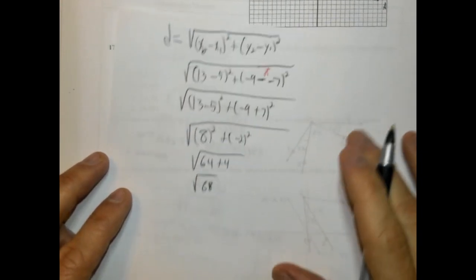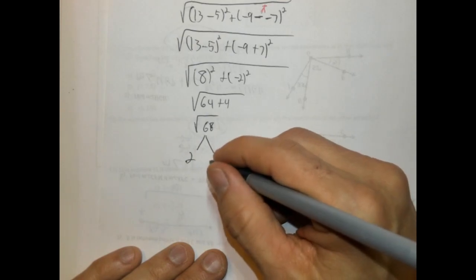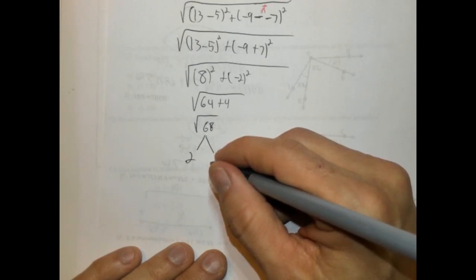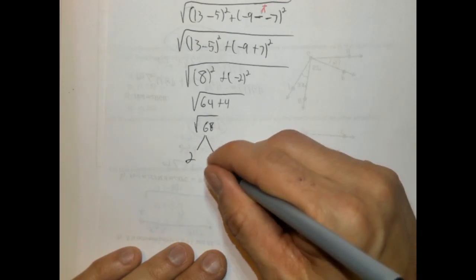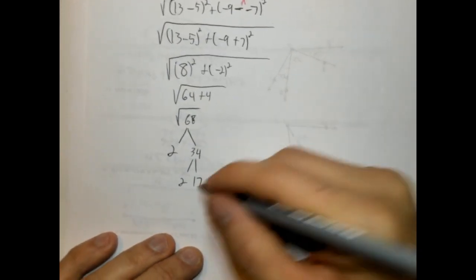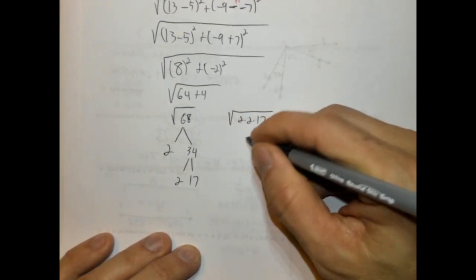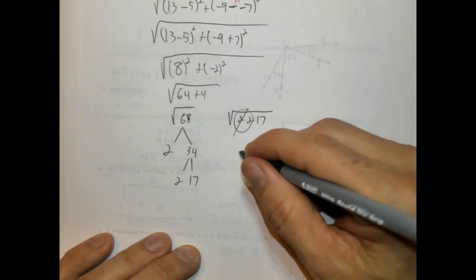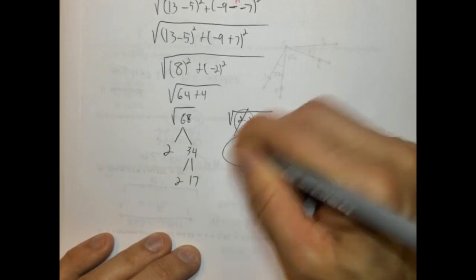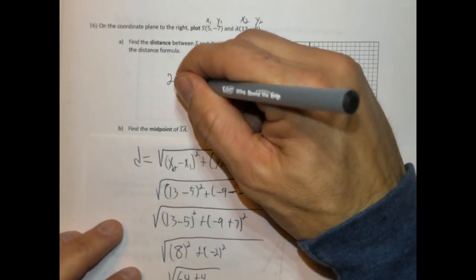Let's see if we can simplify that. 2 and 34, and then 2 and 17. And those are both prime. So we have radical 2 times 2 times 17. So cross those out. 2 radical 17. And that's the distance. That right here, 2 radical 17.